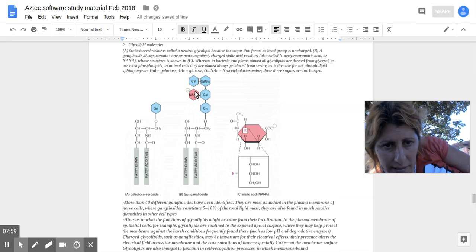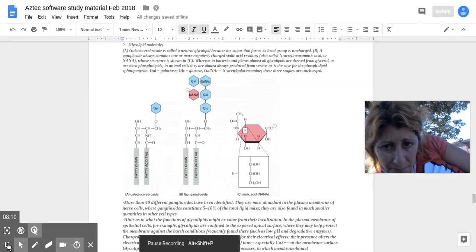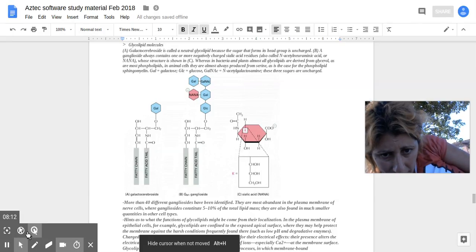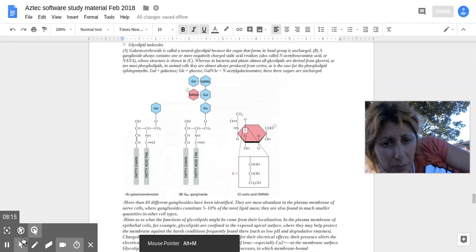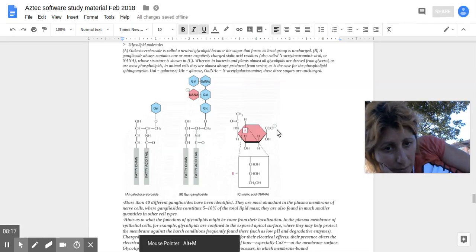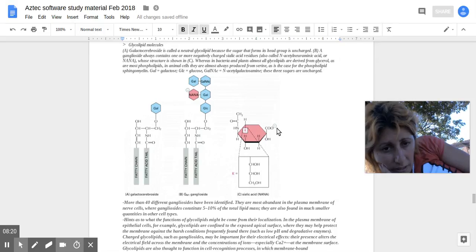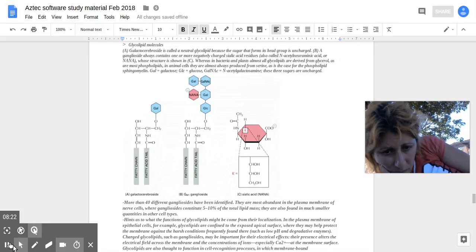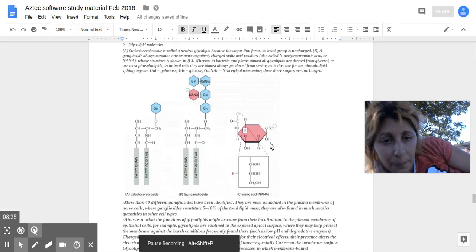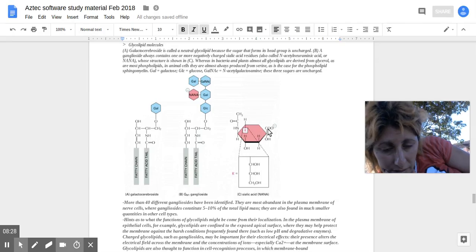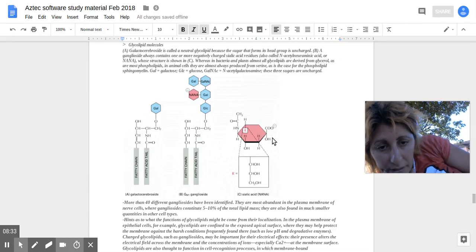It contains a negatively charged N-acetyl-neuraminic acid, NANA, which is also called sialic acid. This particular sugar has the carboxyl group COO-, making it negatively charged. It contains a 6-carbon ring structure, with carbons, oxygen, hydrogen, and nitrogen.